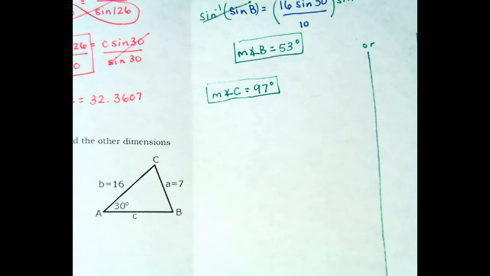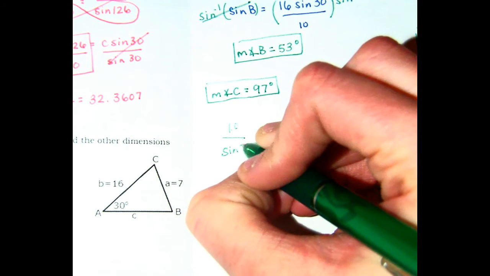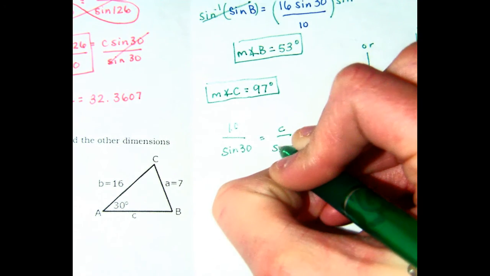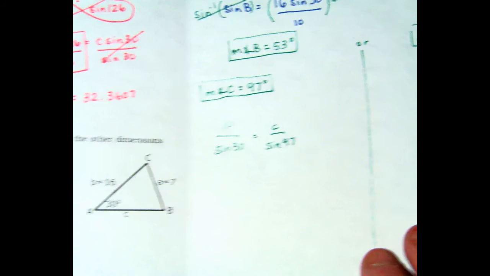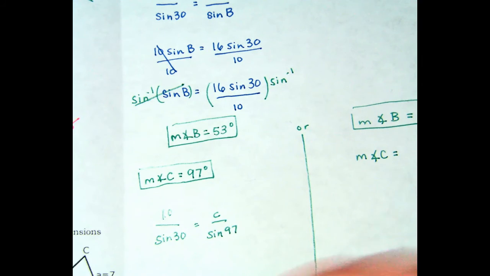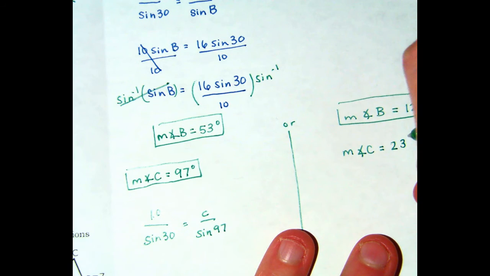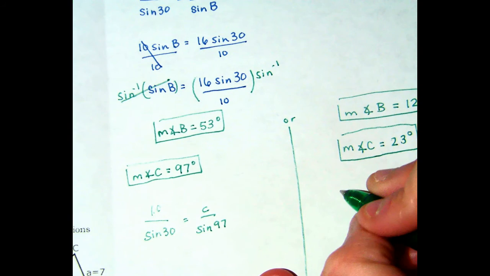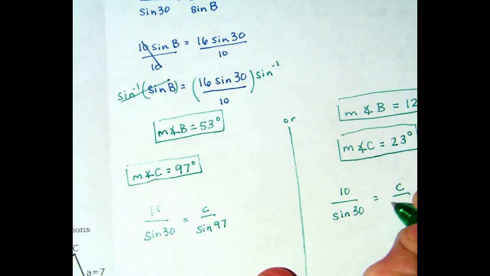Okay, how do you find side length C? I'm going to give you a minute to finish that. Before you finish that, what would be the measure of angle C if B is 127? It's what? 23. So how would you find side length C if the measure of angle C is 23? Yeah, the only difference is sine of 23.